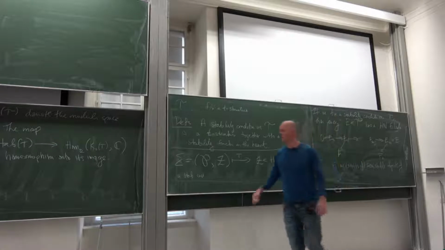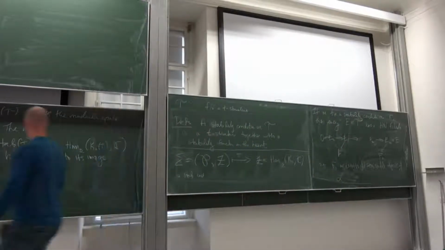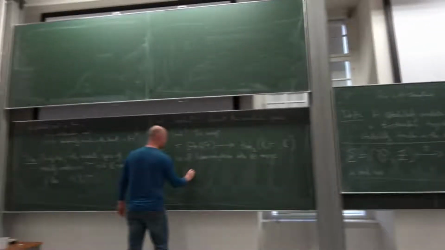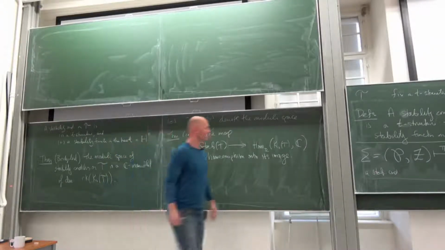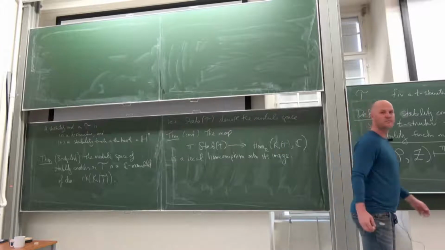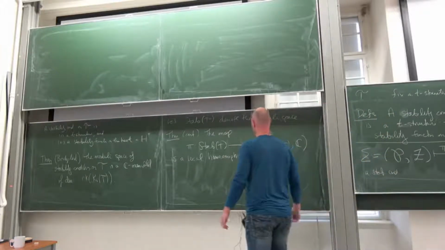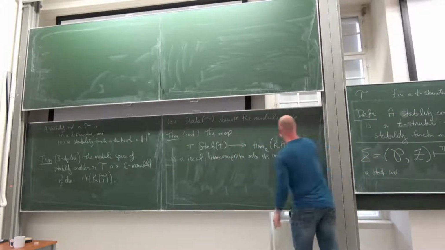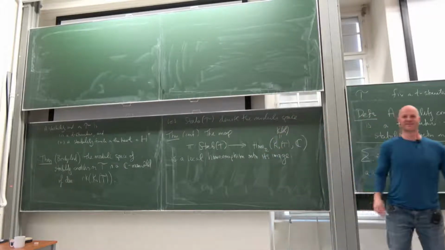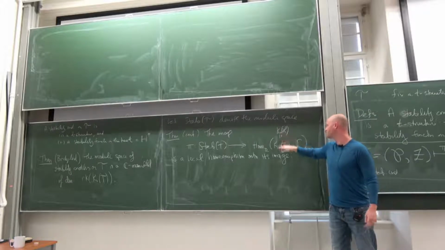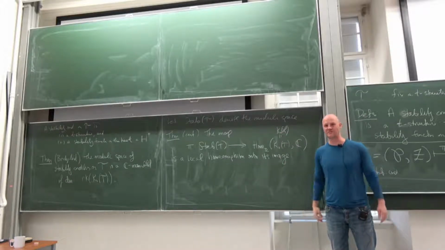A point here is a pair. Am I confused? Is this a straight T that's supposed to be the heart? No, in the theorem, the target of the theorem. Oh, here? Yeah. Same thing, Grothendieck group of the heart, which is the same as the Grothendieck group of T.